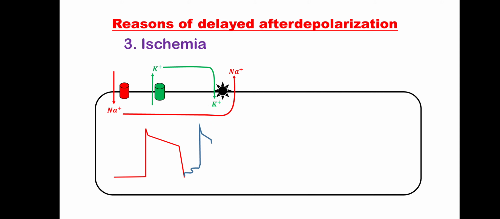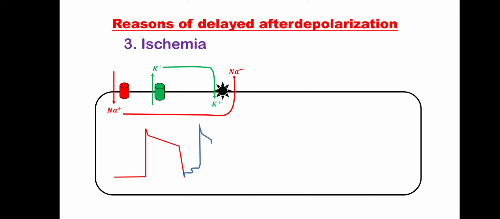Electron transport chain is a process by which ATP is produced. ATP is the energy. ATP synthesis takes place in the electron transport chain, and oxygen is one of the most important participants to produce ATP. But in ischemia, because of deficiency of oxygen, a smaller amount of ATP is generated.